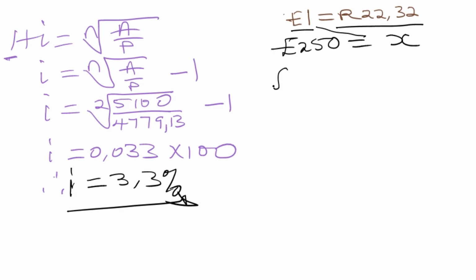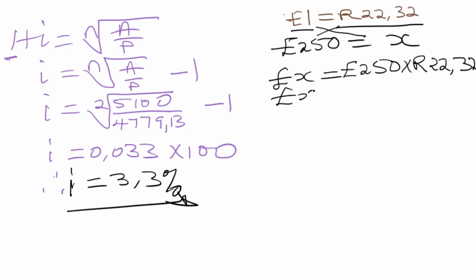So we will have euros, then we have X there. I did not write 1 here because I know you know there's 1 there, right? And then we cross multiply this one. So euros, and then we have X is equal to, when we say 250 multiplied by 22.32, the answer that we get will be 5,580.